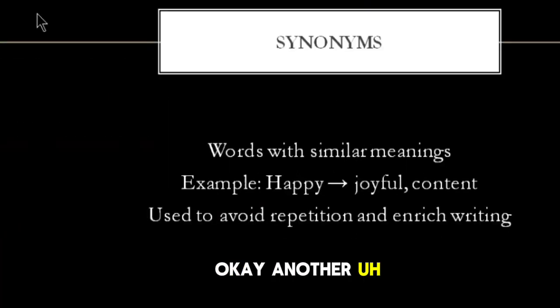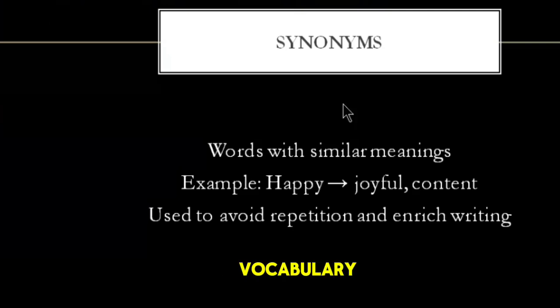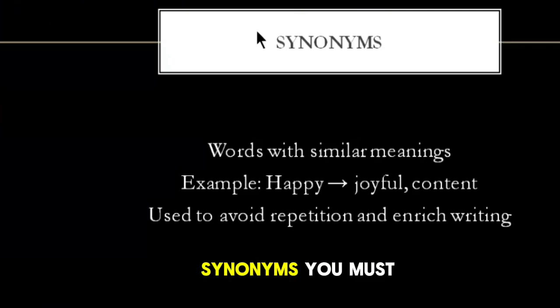Okay, another topic is synonyms, and it also helps us to enhance our vocabulary. Words that have the same or mostly near meanings are called synonyms. You have read these synonyms in 7th, 8th, 9th, 10th classes.